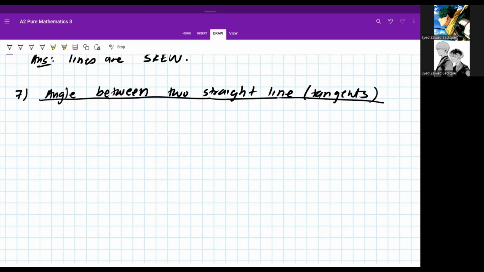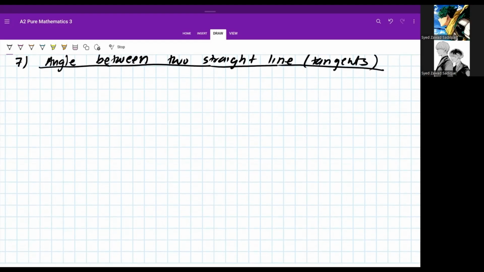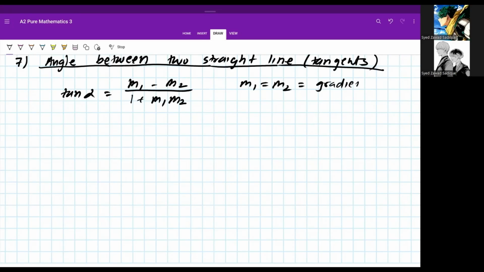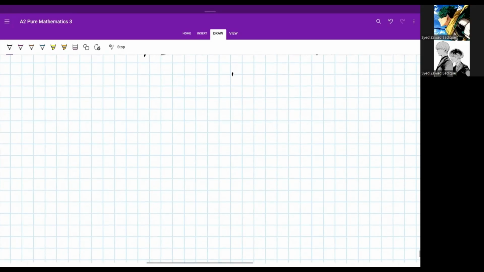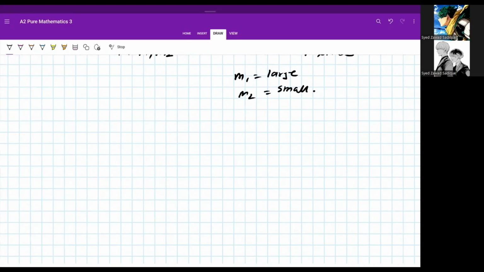Okay, the formula is tan alpha is equal to m1 minus m2 by 1 plus m1 m2. m1 is the gradient of lines. m1 large, m2 small. So yeah, that is that.